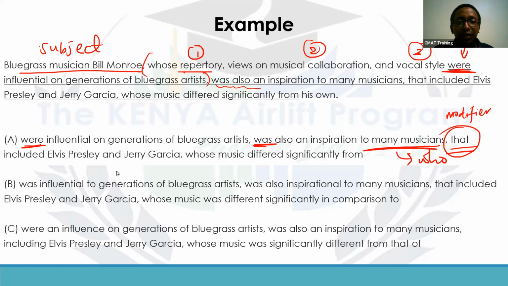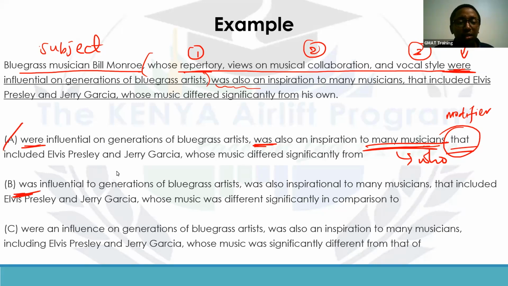Case in point, these and these. So you can have multiple subjects in one sentence. So you really have to understand the meaning of the sentence to be able to identify the correct modifier. So we can eliminate A.